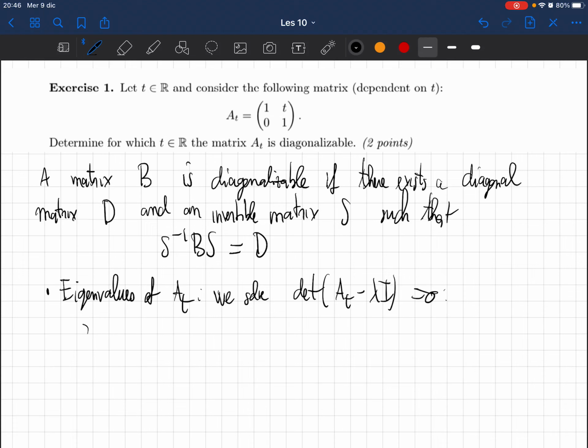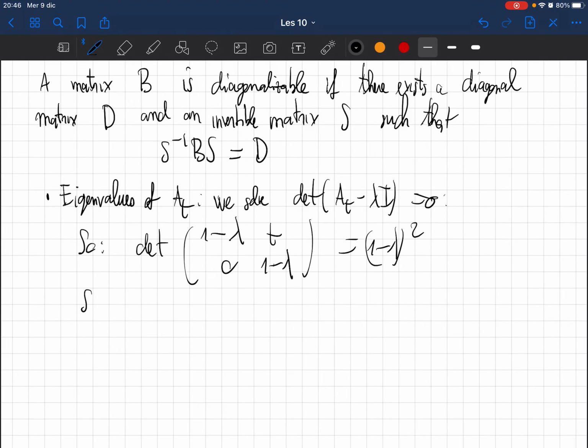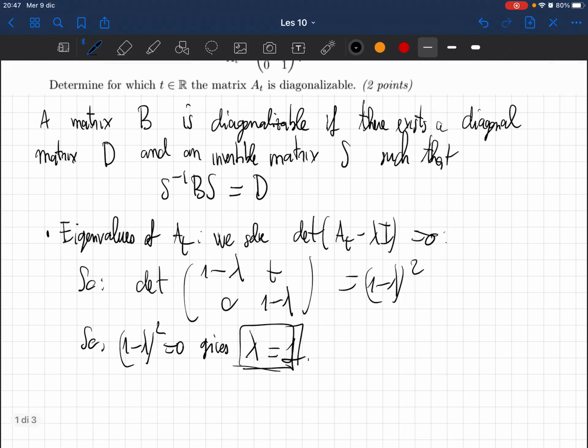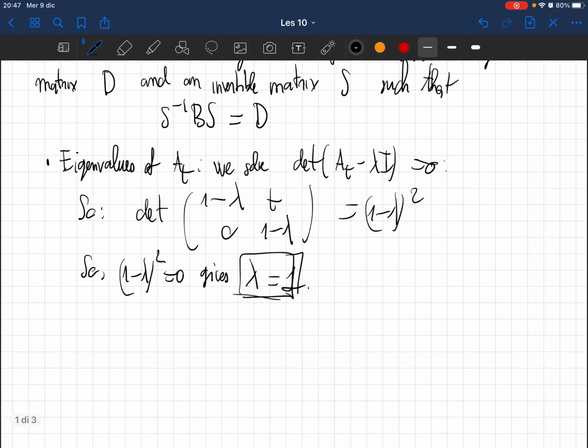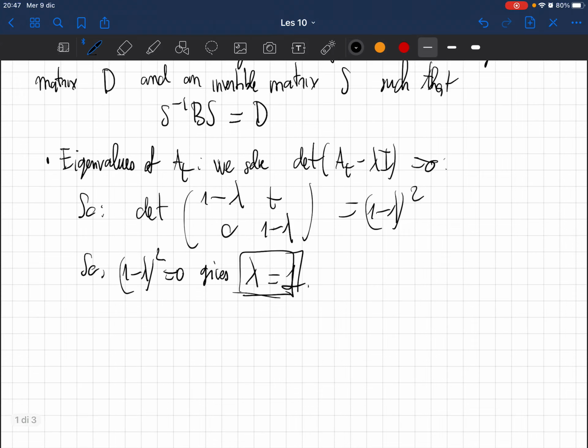So we have the determinant of 1 minus lambda, t, 0, which is very easy. So it's just this, from which we find lambda equal to 1. Okay, so we have just one eigenvalue, and we'll have to look at the eigenspace.